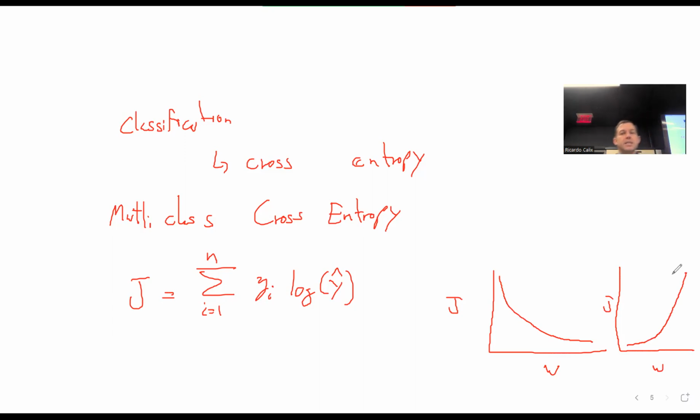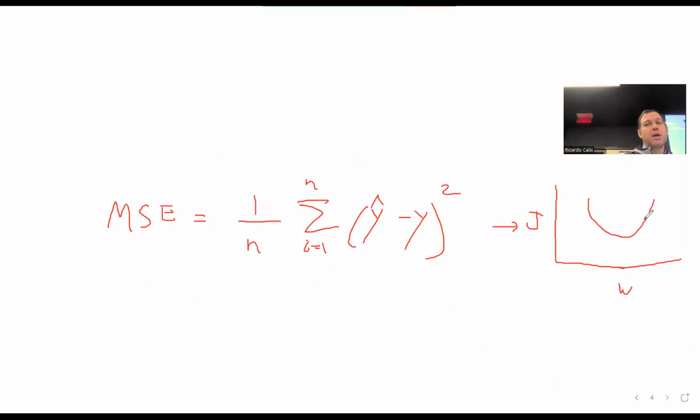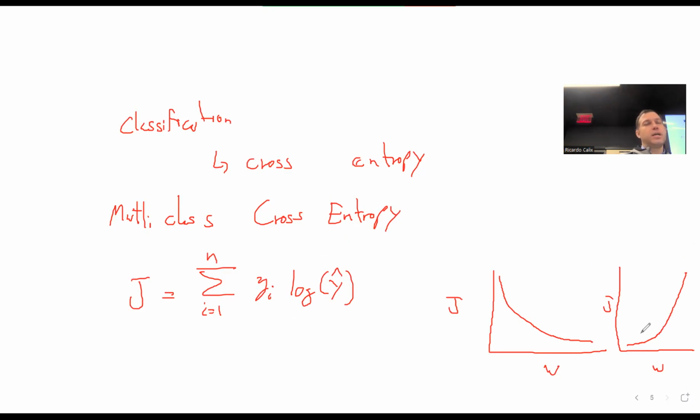We're going to study this for the binary case, which is the easiest to understand, okay? But cross entropy basically governs the relationship between W's and J's in this way. If you notice, it's no longer this convex curve like that, but now this function, the logs, look like this. It's a curve going down or a curve going up. Everyone with me so far?